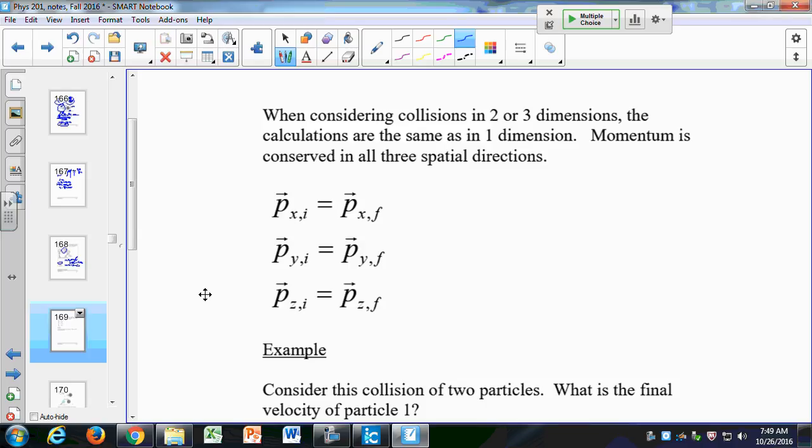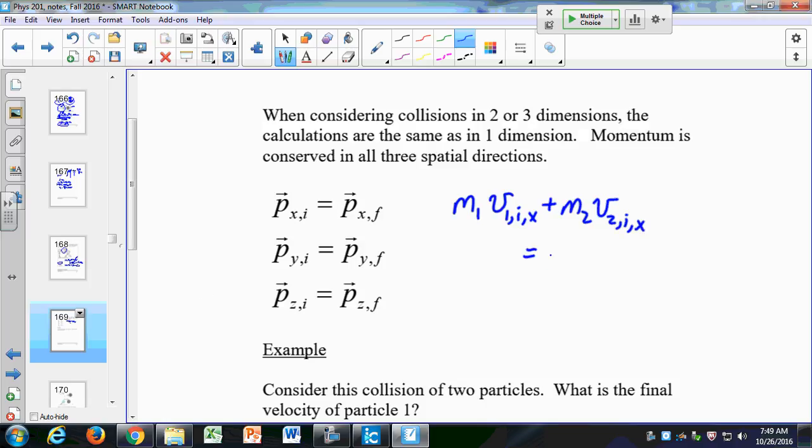So it would, for example, look like this. The mass of particle 1 times the velocity initial of particle 1 in the x direction. I'll just add a little extra subscript there, plus the mass of particle 2, the velocity of particle 2 initial in the x direction, that's the x component.